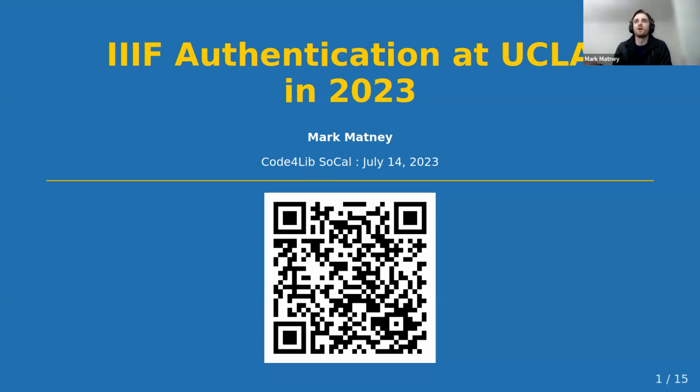And then I'll talk about our implementation, its requirements, what the development process was like, deployment status, light evaluation, and some implementation details, and then maybe a little bit about auth 2.0.